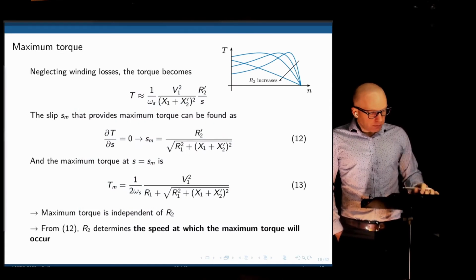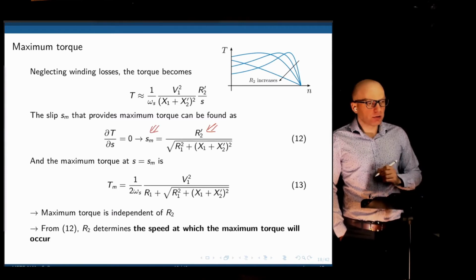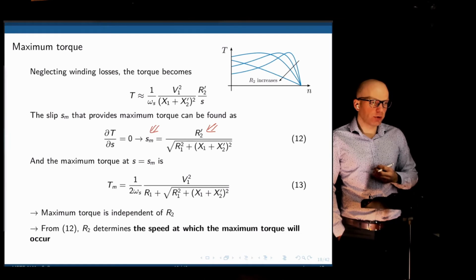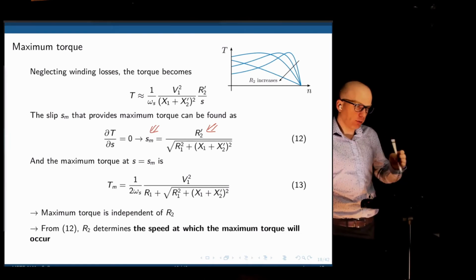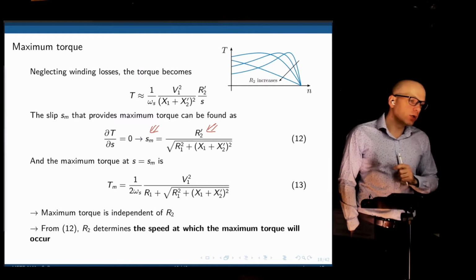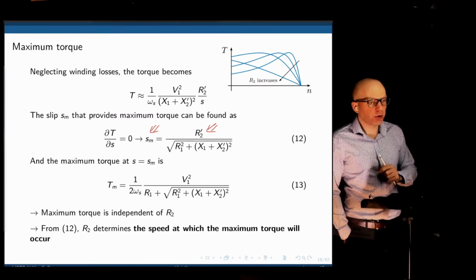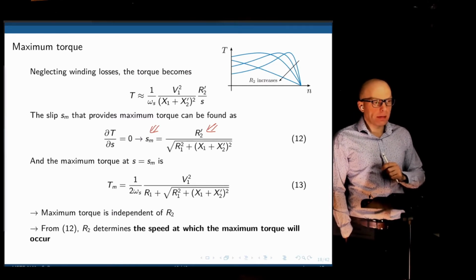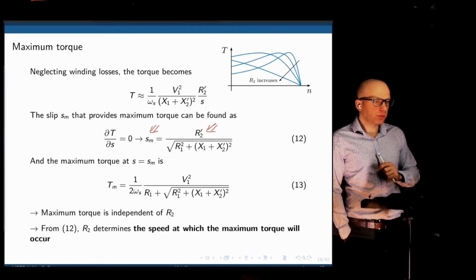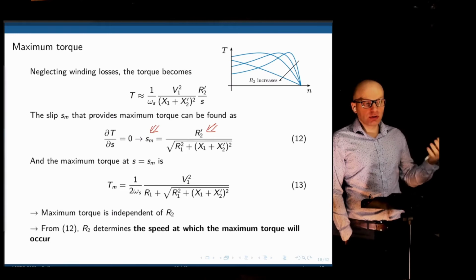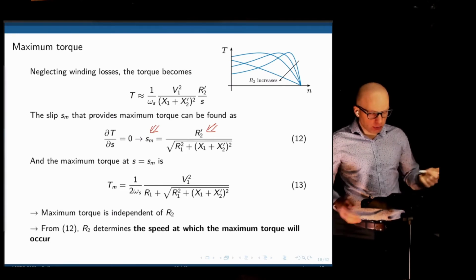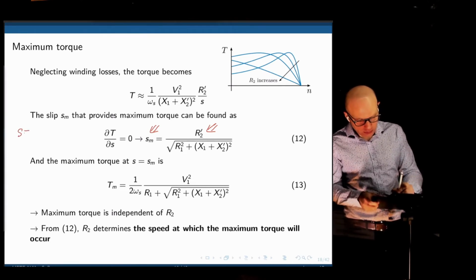So let's see here. Once again, changing R will change the maximum optimal slip for the torque. If we want, for example, the maximum torque to occur at the beginning, when the motor starts, should we increase or decrease R2 prime? Now, if you want the maximum torque to occur close to when the motor starts, the slip is 1.